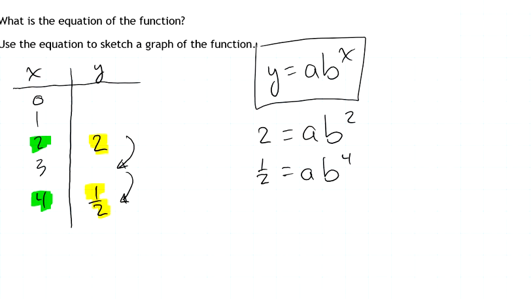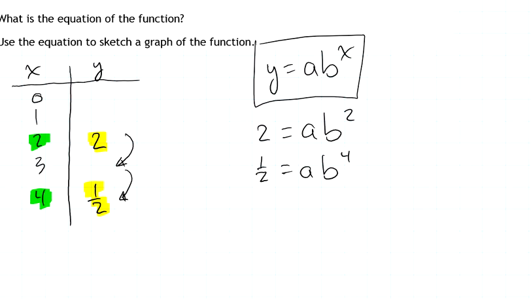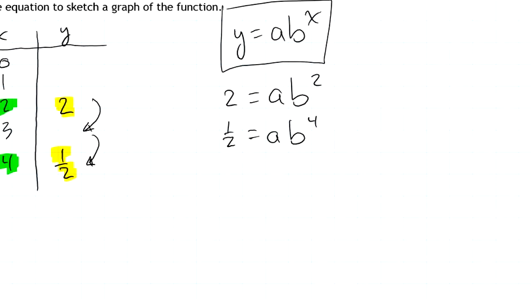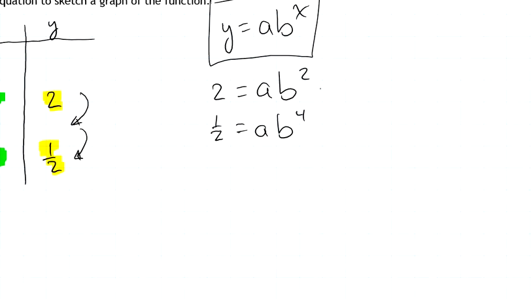I guess I probably would get a alone in one of these equations. So I'm going to get a alone in this first equation. To do that, I'm going to divide both sides by b squared. So I get 2 divided by b squared is what a equals. Now that I have this value of a, I'm going to plug this into the second equation.